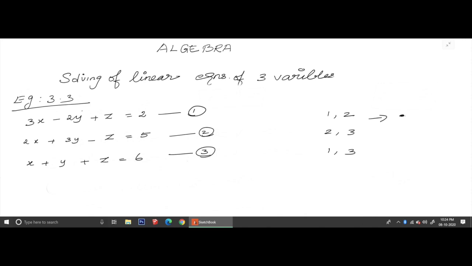Since in equation number 1, 2, 3 you are having three variables, when you solve equation 1 and 2, your equation will be reduced to two variables. Otherwise you can take 2 and 3 and solve it to reduce to two variables, or 1 and 3, and solve it to two variables. Listen carefully. In this, you have to do only two pairs.